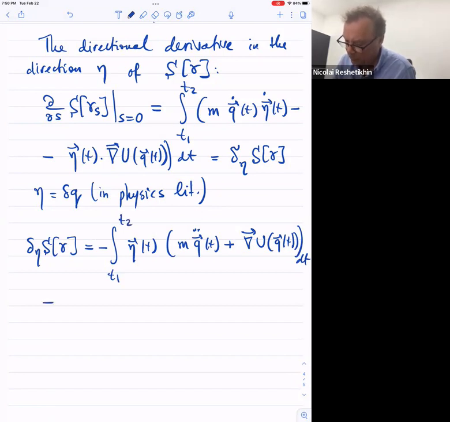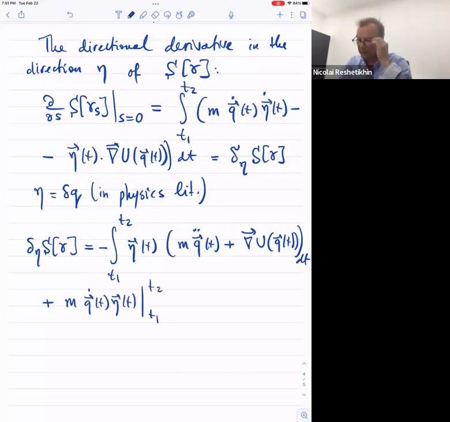But then we integrate by parts, so we pick up boundary terms: m q dot t eta t between t1 and t2.